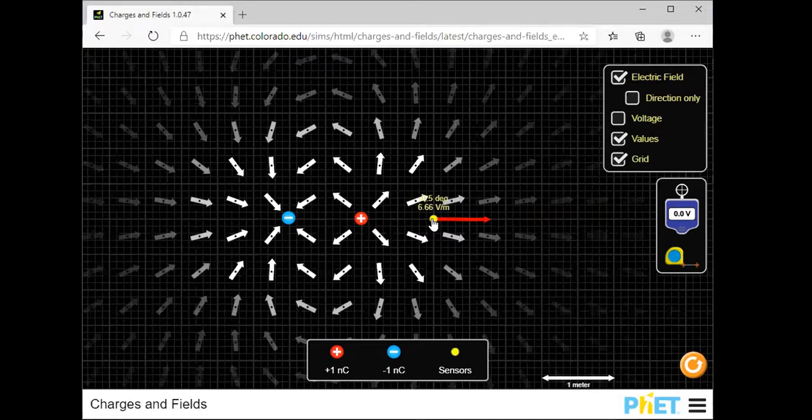Again, still pointing to the right, 6.66 volts per meter. All right, that'll be my next one. So my second row would read 1.5 for X, 0 for Y, 6.66 for E, and positive x hat for direction.